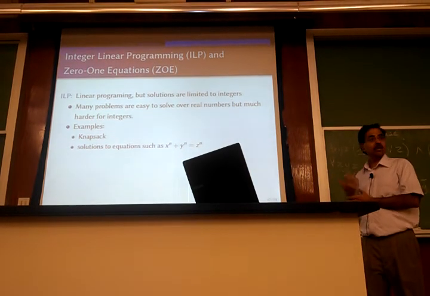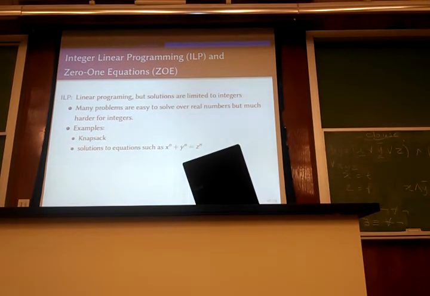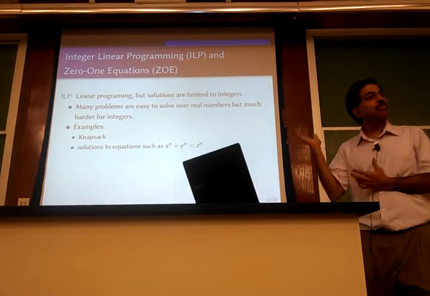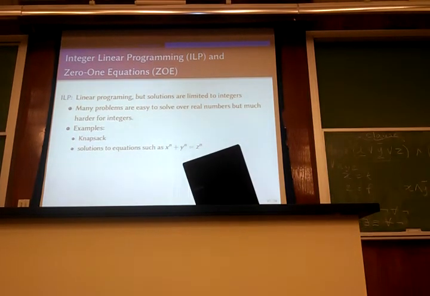Okay, or take these types of equation x to the power n plus y to the power n equals z to the power n. Well, it's trivial to solve these in the real field.